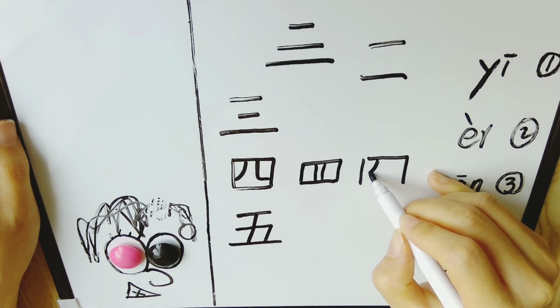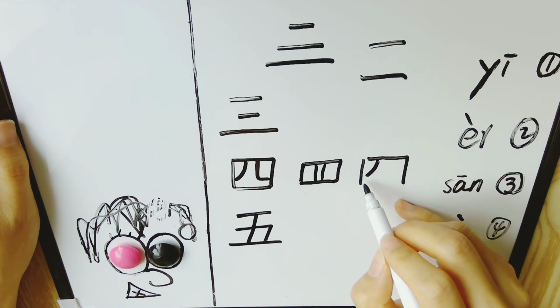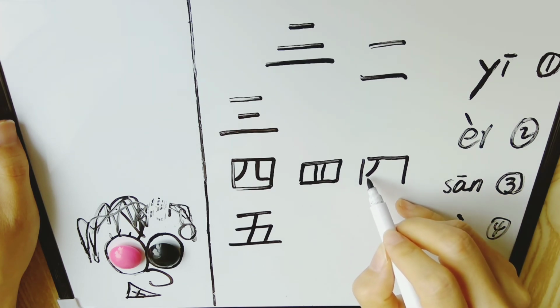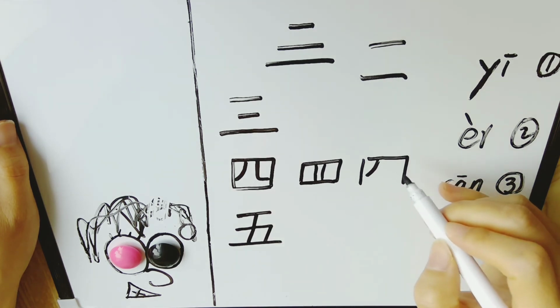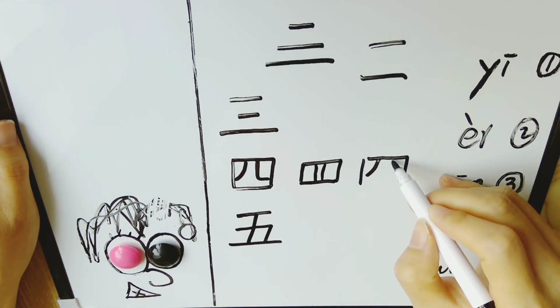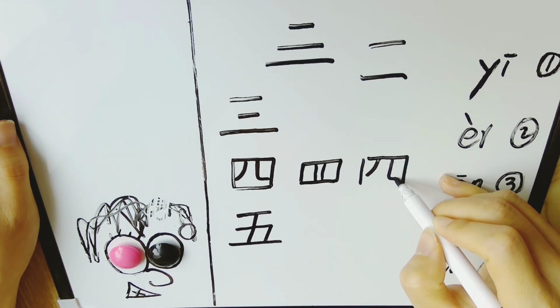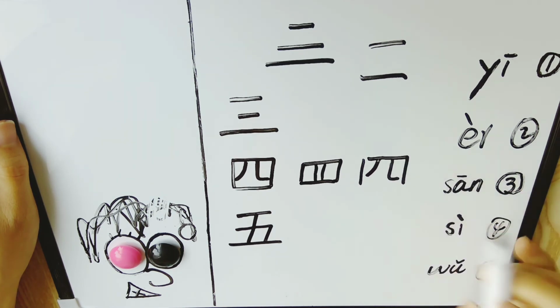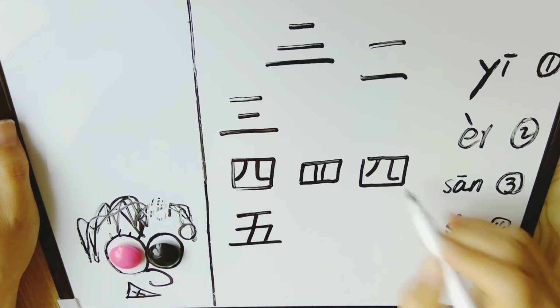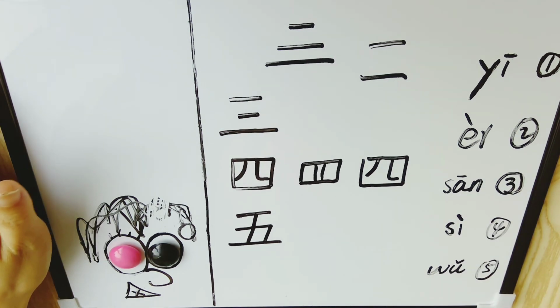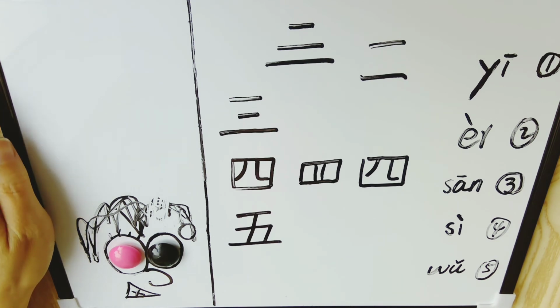And this stroke, sometimes you may not reach this bit. Like here, it's well connected. Again, it's fine, it's not a problem. Here, the same, not fully connected. It may not look perfect, but we can still tell it's number 4, yeah?